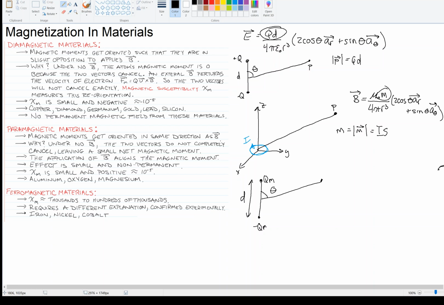So now we know that materials, of course, are made up of electrons and atoms and so forth, and we wonder now what will happen to these magnetic fields created by the electrons if an external magnetic field is applied. So let me erase this for right now.